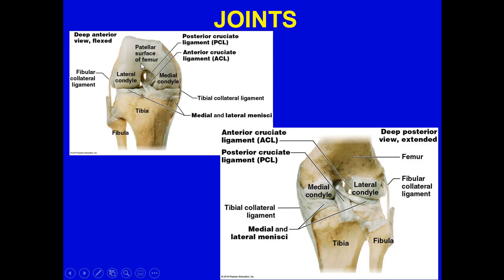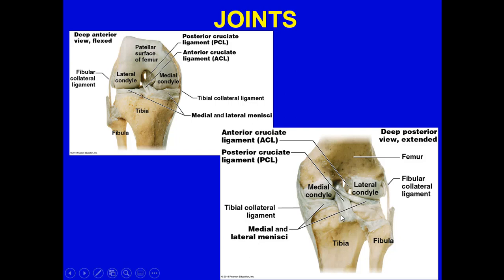Notice in here we've got our X, okay? Posterior cruciate ligament, anterior cruciate ligament. But let's take a look here from the posterior side. Anterior cruciate ligament is over here. The posterior one is right here.